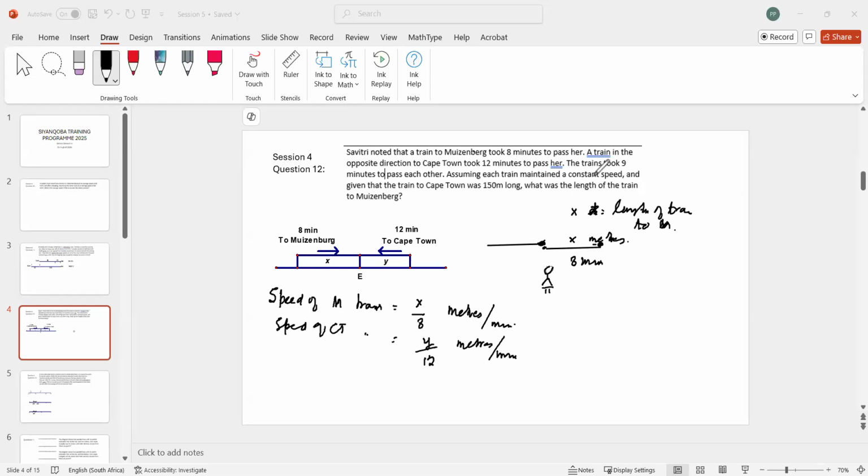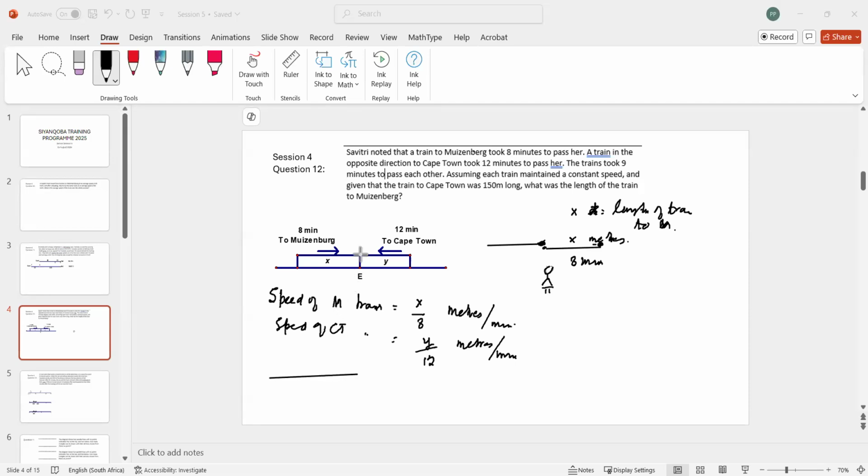Right? Now, the trains took 9 minutes to pass each other. That's a tricky one. So let's have a look.